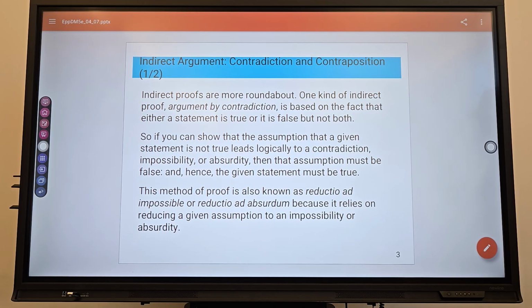This method of proof is also known as reductio ad absurdum, because it relies on reducing a given assumption to an absurdity or impossibility.